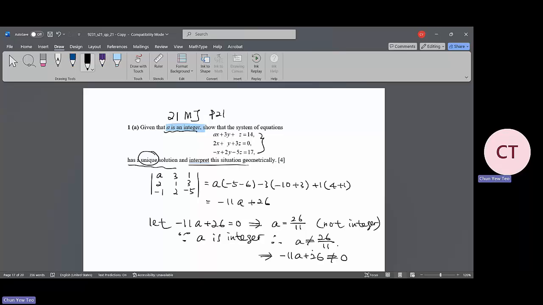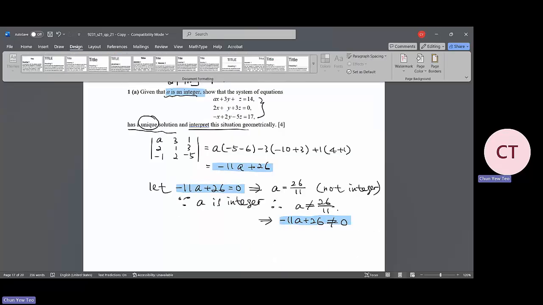Because this is not equal to 0, that means the determinant is not equal to 0. Therefore, the system of equations over here has a unique solution.